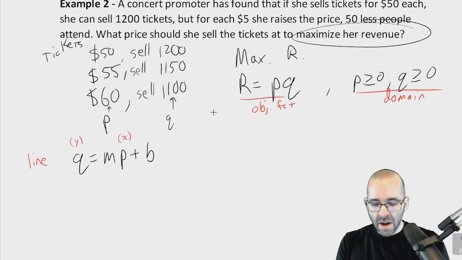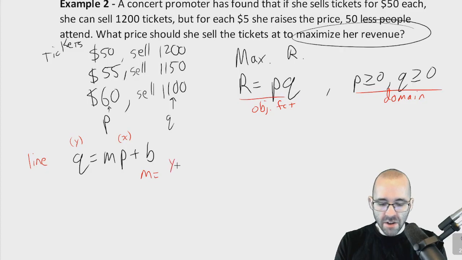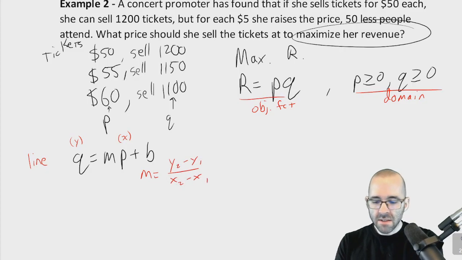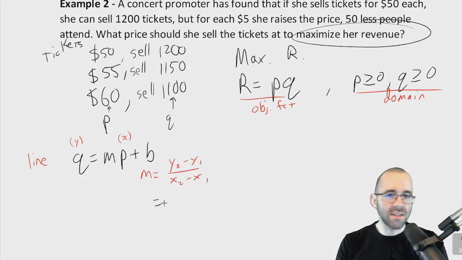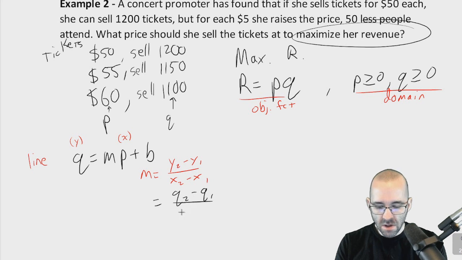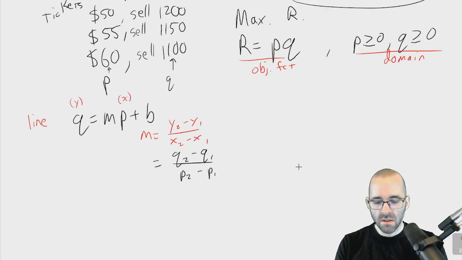Well, the slope is normally, I'm going to write this in red, the difference in the y's over the difference in the x's. We don't have y's and x's here though, right? We have q's and p's. So you can pick any pair.